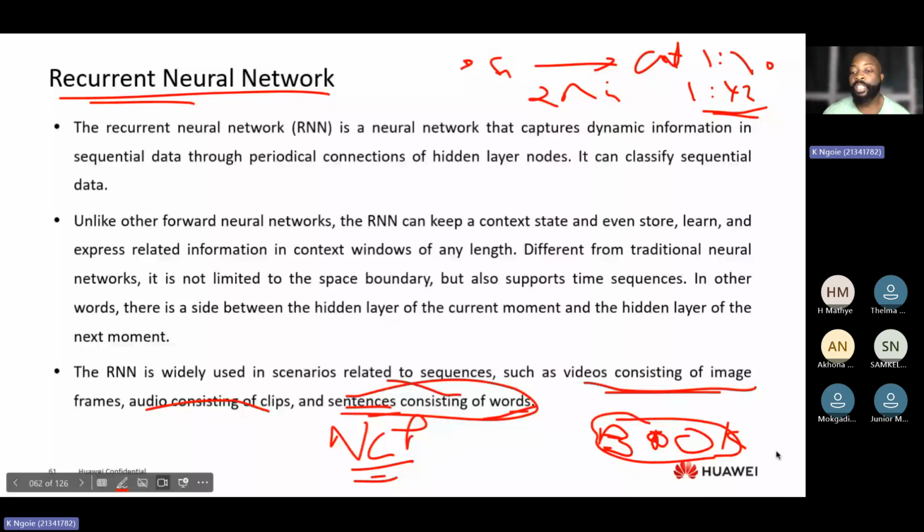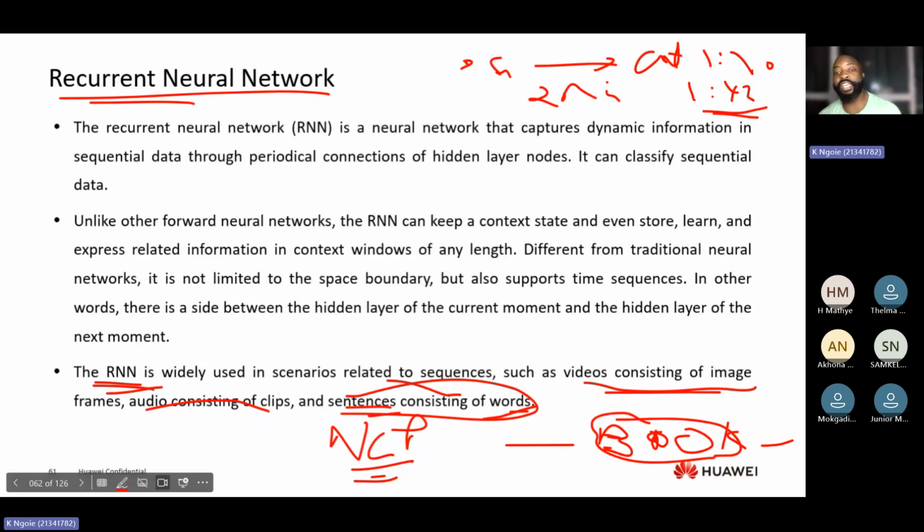It will determine the meaning of the word book. If I say I'm going to buy a book, you know it's a book that you read. But if I say I'm going to book for a flight, you know this book is not a noun, but a verb, right? So when you have situations like this, you use the RNN, recurrent neural network.